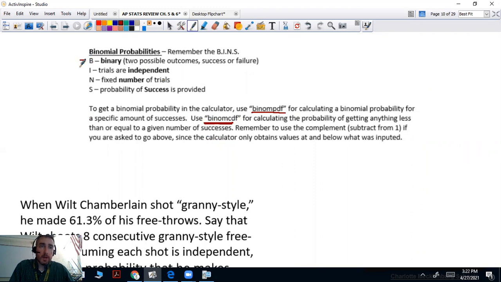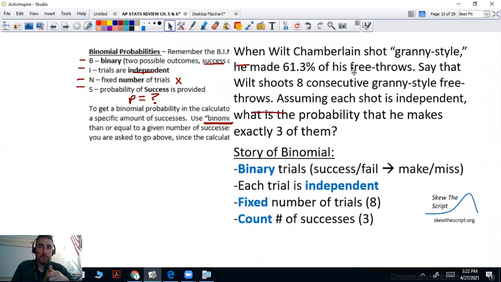But we're looking for a couple things on binomials. Binary, so it's like a success or failure. Independent trials, one can't affect the other. We have a fixed number of trials, so that's kind of like your n value. And then the S is the probability of success. So what is that probability? If you're given that probability and you have the other 3 conditions met, you can do what's called a binomial situation. So let's look at this problem.